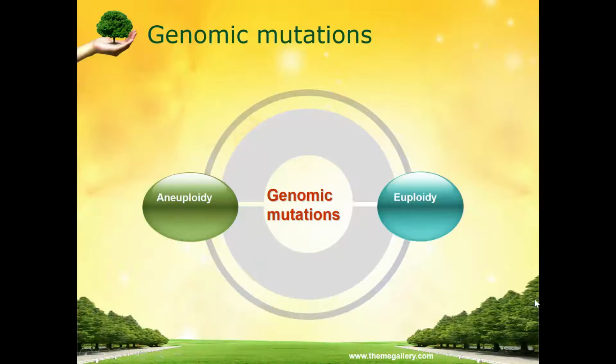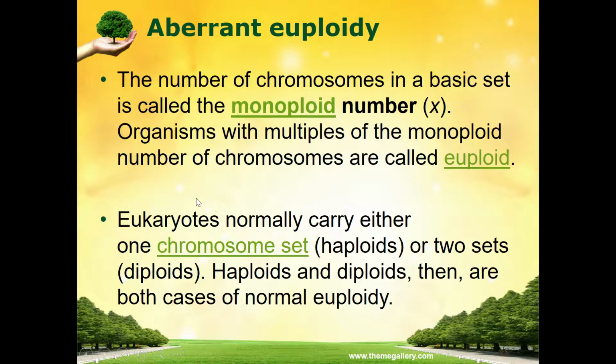Changes in chromosome number are of 2 basic types: changes in whole chromosome sets, resulting in a condition of aberrant euploidy, and changes in parts of chromosome sets, resulting in aneuploidy.